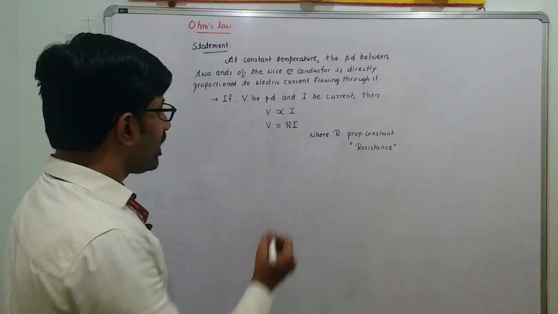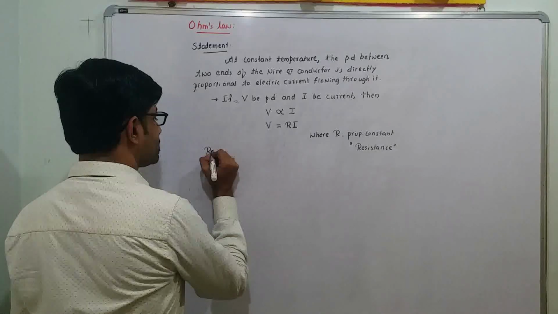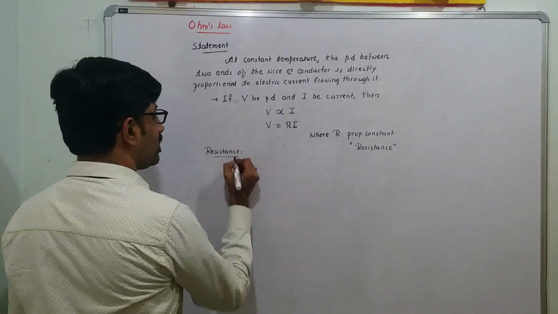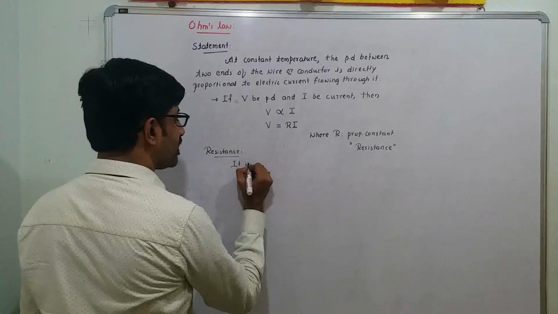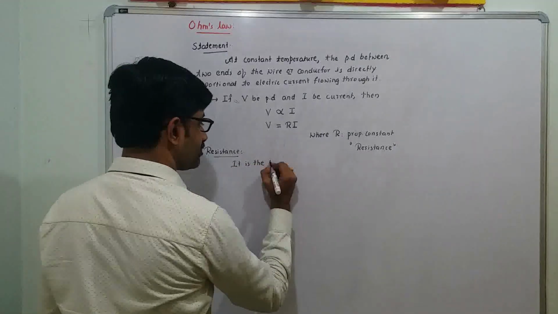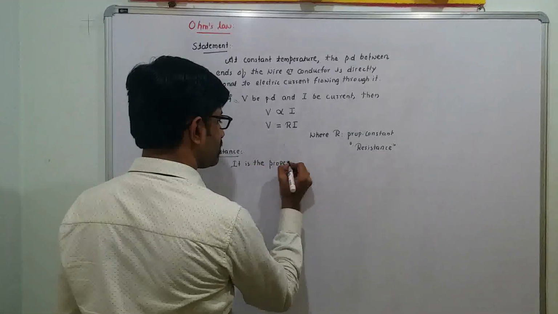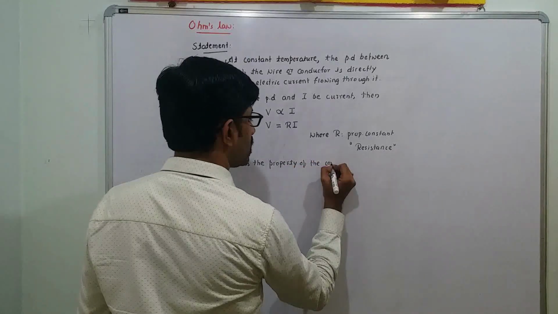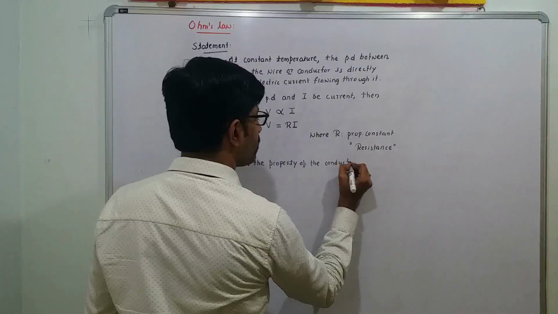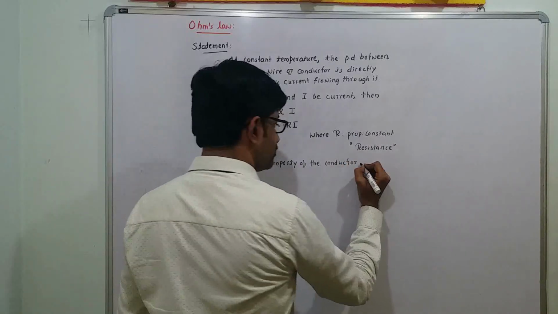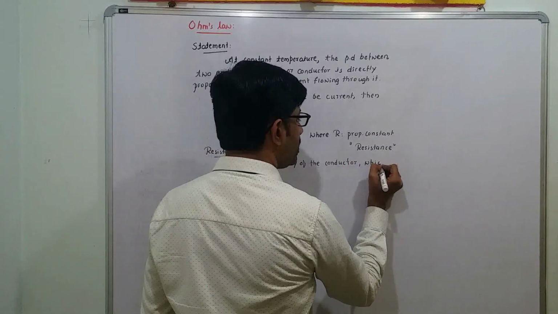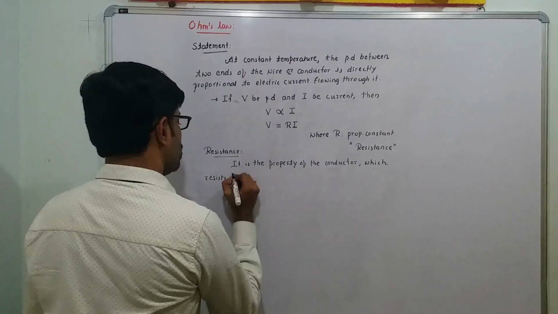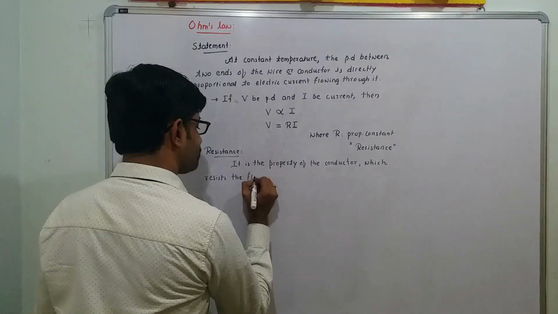Now let us define the property of resistance. It is the property of the conductor which resists the flow of current.